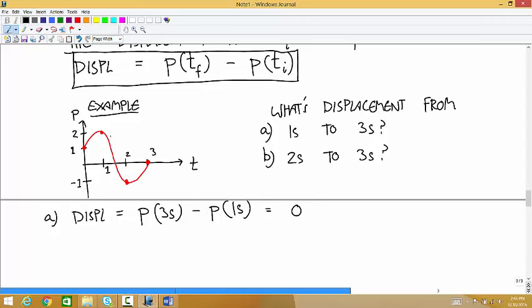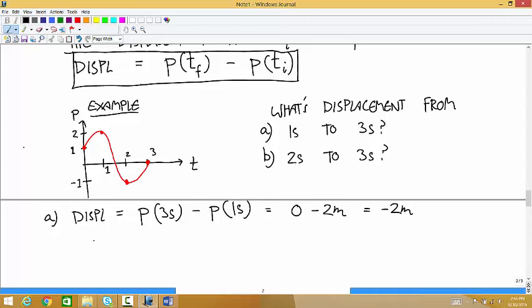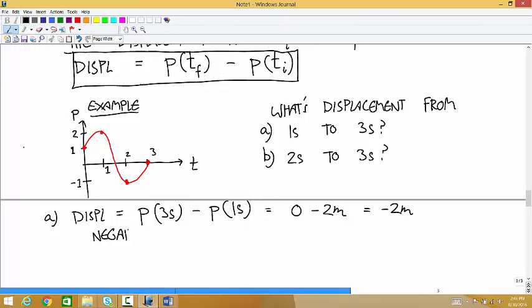And what's the position at 1 second? Yep. That's 2 meters. And so the displacement is equal to negative 2 meters. The negative means in that time interval that overall the object moved in the negative direction.